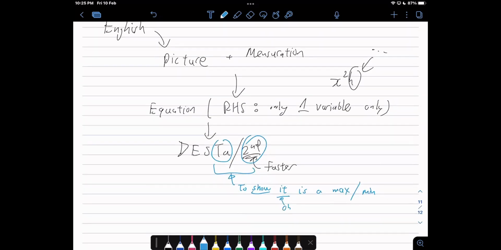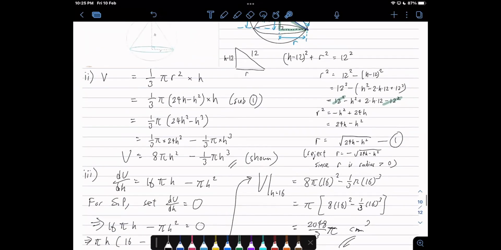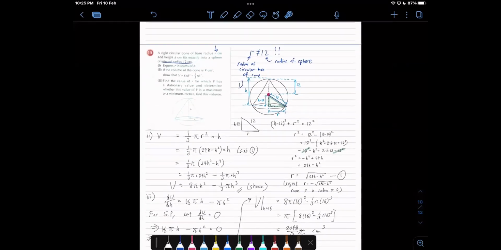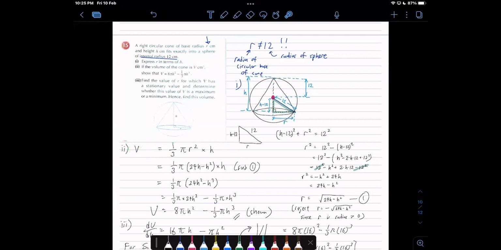It is the objective. What do I mean by objective? For example, in this case, the objective is to maximize the volume. So V, the volume, is the objective. We call that the objective function.